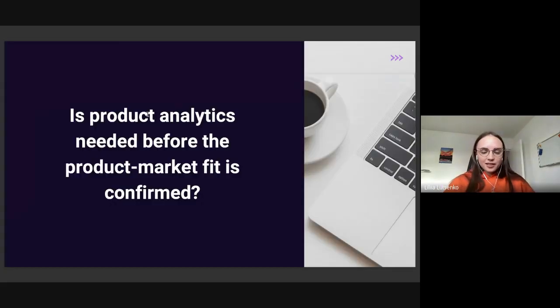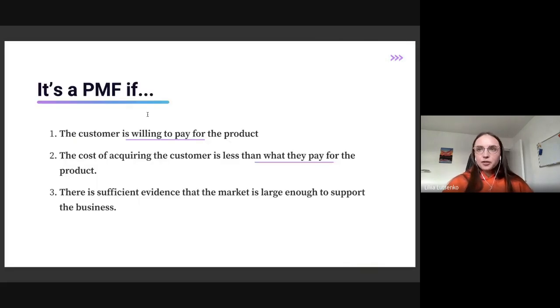The first question, which quite applies to the topic of the product analytics system, is whether analytics is needed before product market fit is confirmed for a startup. I tried to research what product market fit is.